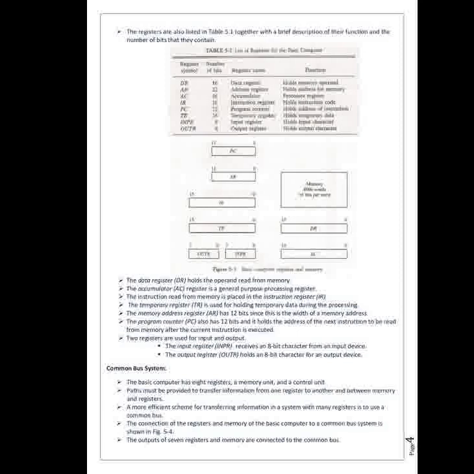Whenever the data is required, it will ask the memory address register to send the particular data to the data register. Automatically, the program counter increment takes the responsibility and sends information to the instruction register. The instruction register will send the location of the memory, and it will be fetched. It will be transferred to the data register.